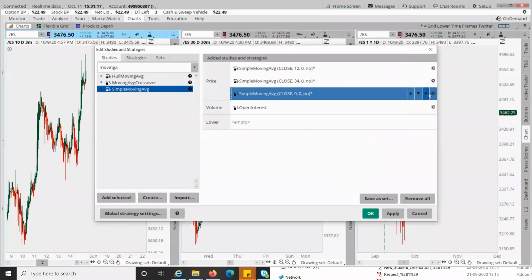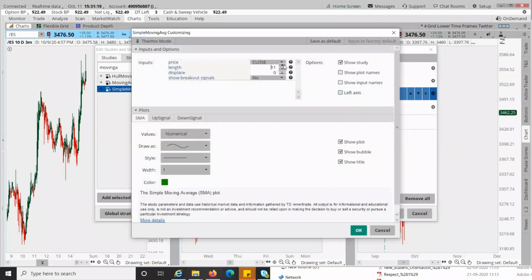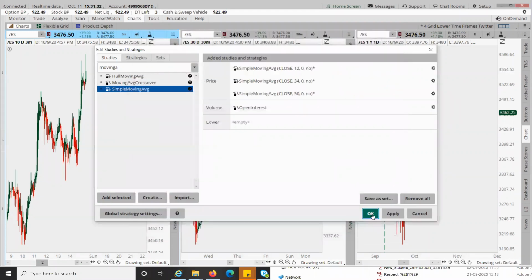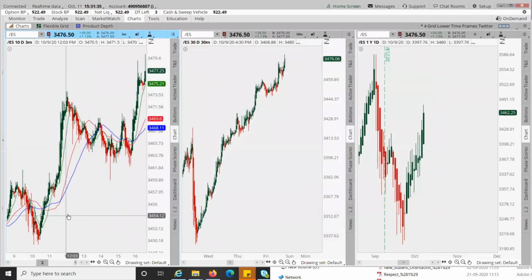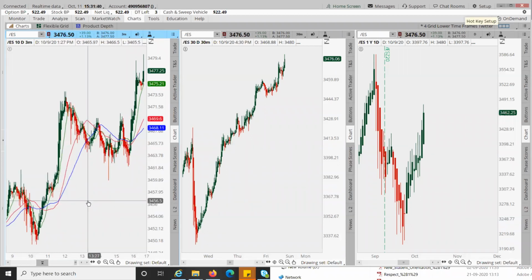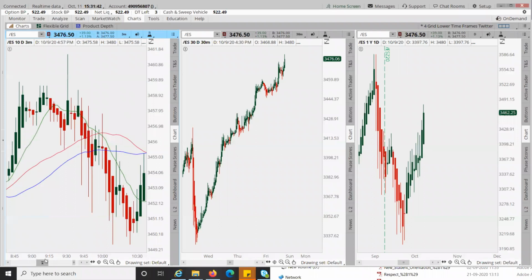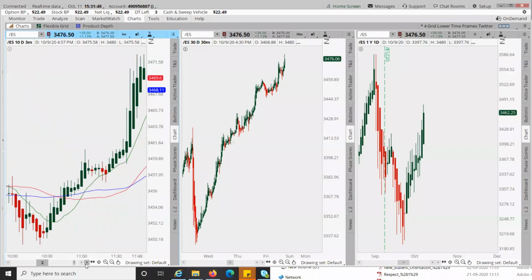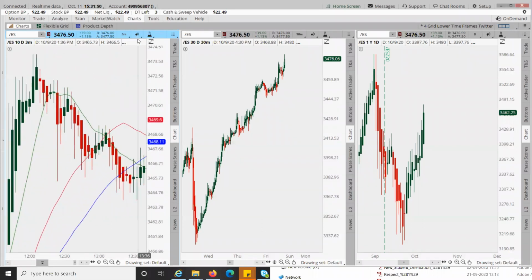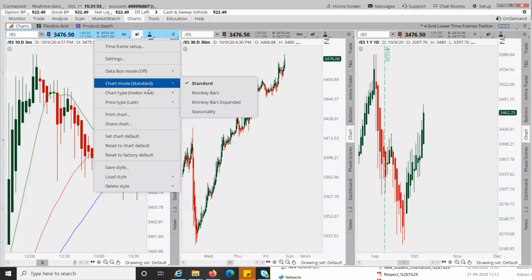It's 12, 34 and 50. Once you set this, let me change the candle type as well.